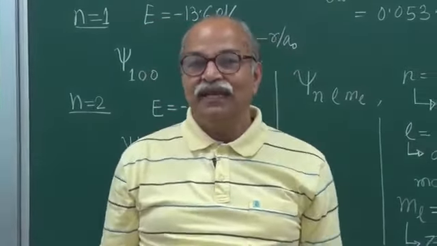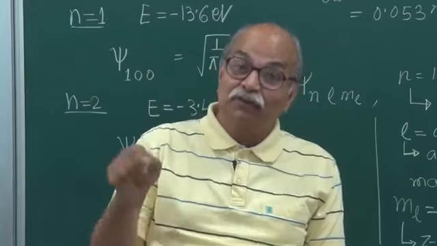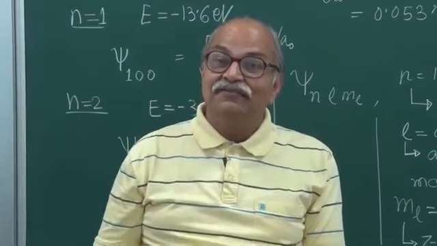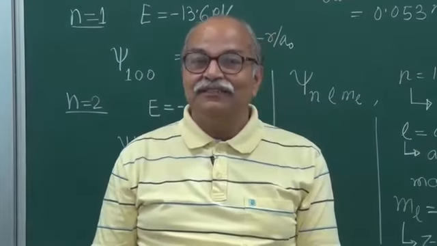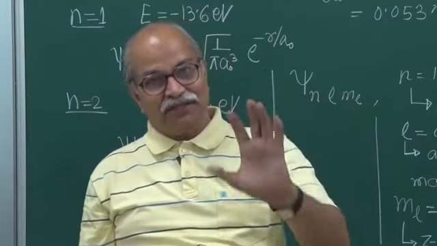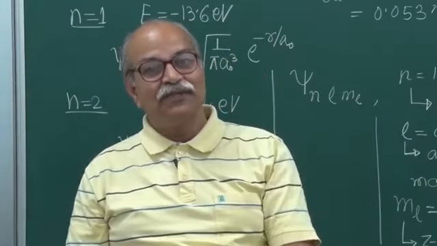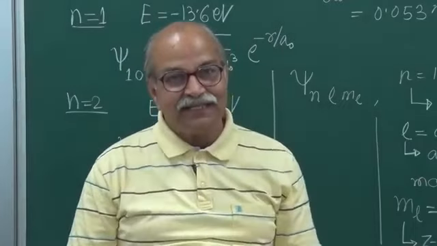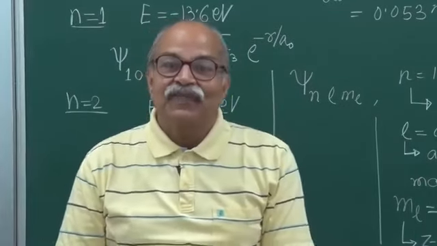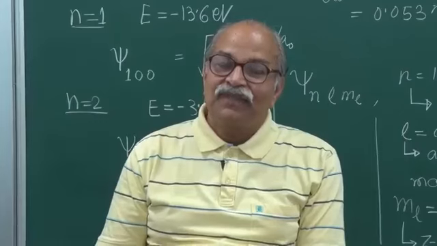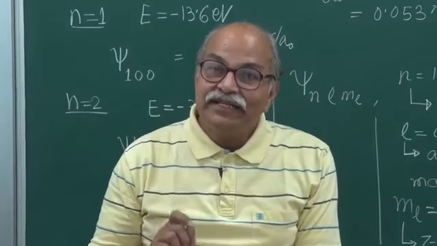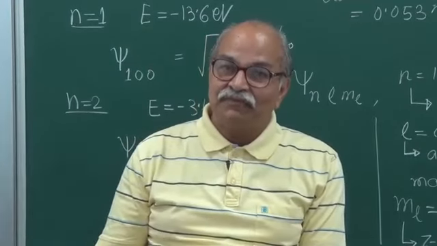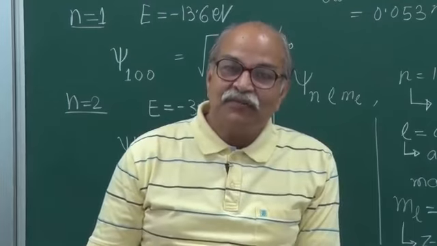But then for electrons and also for protons and neutrons, a very, very interesting thing, which again is a characteristic of quantum physics only, there is nothing like that in classical physics, is that each electron has an intrinsic angular momentum, a built-in angular momentum.